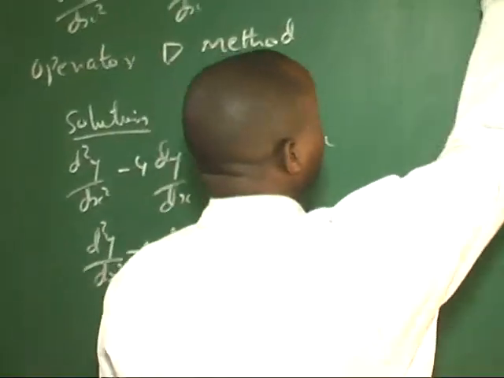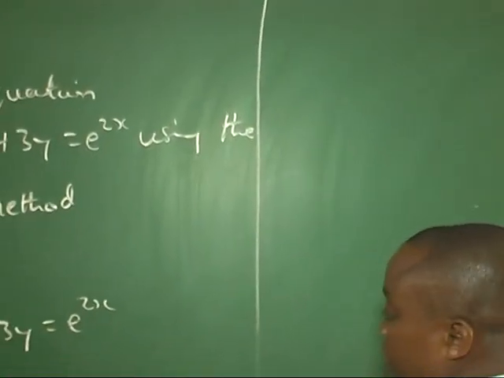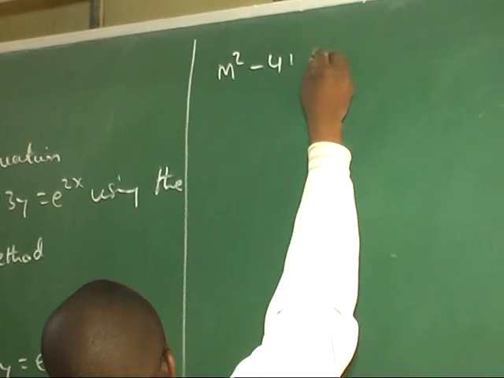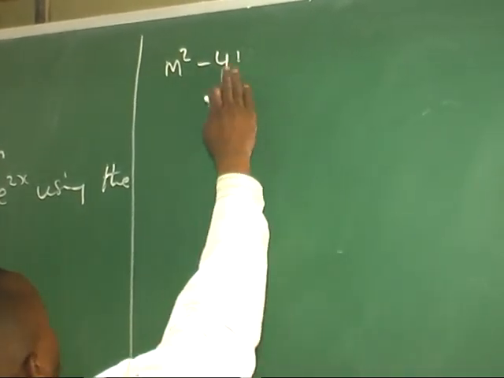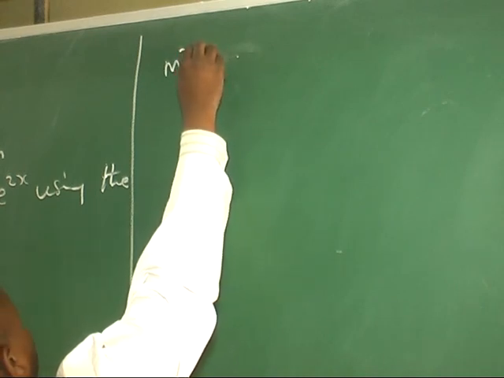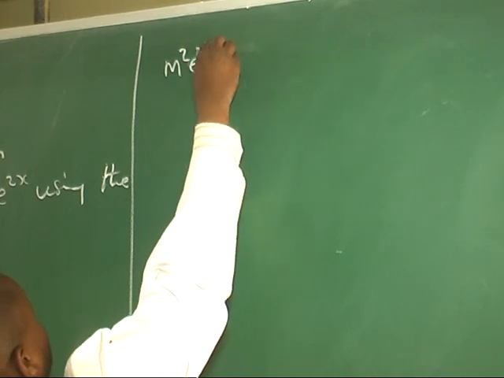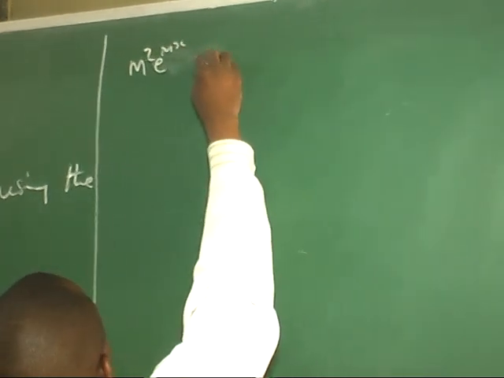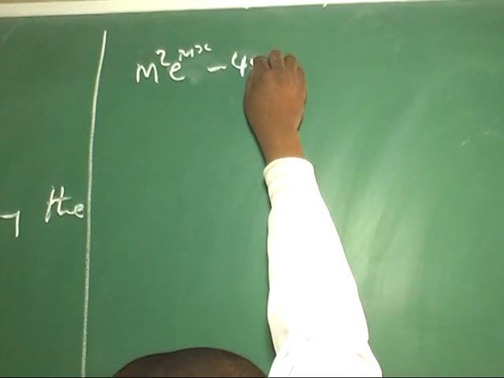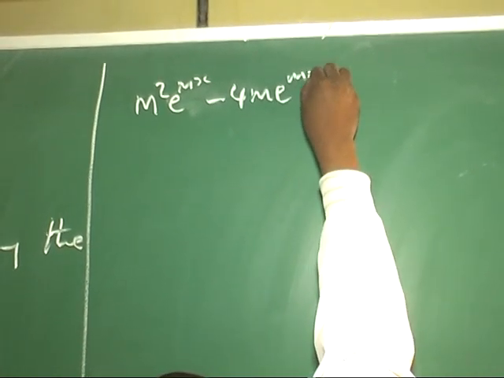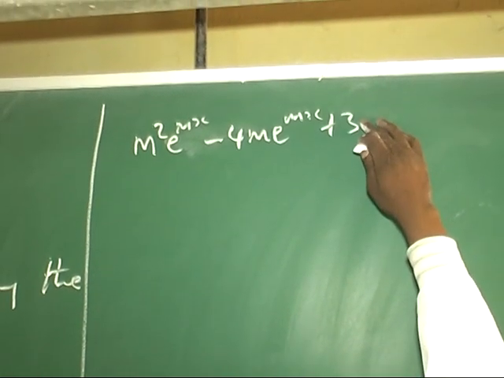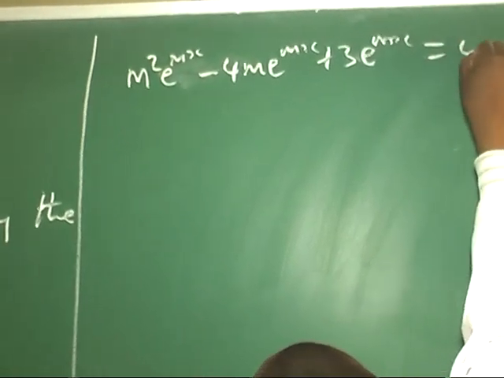Alright, so if we put that in, we then have m squared exponential mx, minus 4m exponential mx, then plus 3 times y, which is exponential mx, is equal to 0.